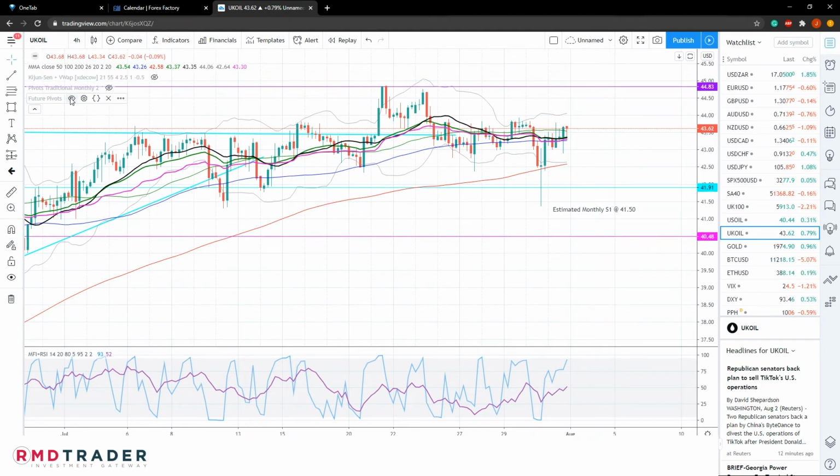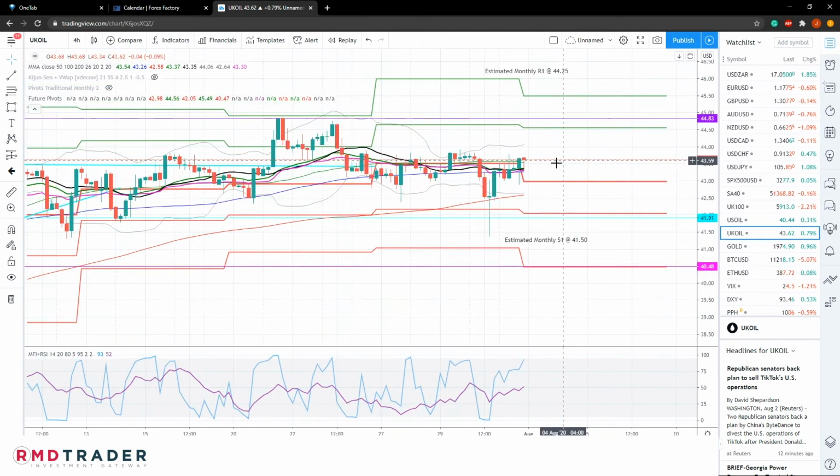Just quickly enabling the pivots, we can see that our weekly pivot is projected at the $43 area, so that would be the area of immediate support. So should we manage to break below this area of the 200 SMA and a weekly pivot, we can expect a price moving lower.